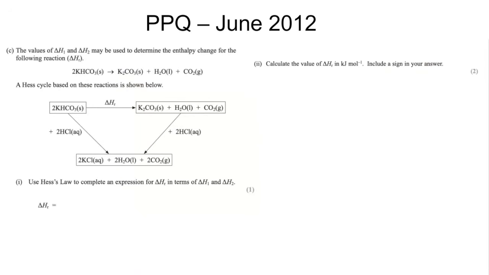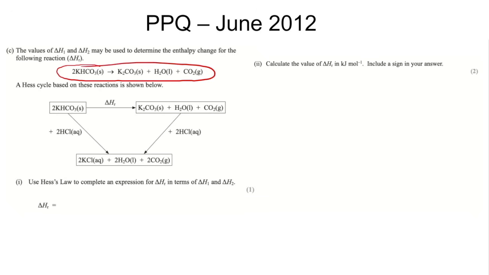Part C then takes us into our actual Hess's law. Now, what you'll tend to find in a Unit 3 paper is they will give you the Hess's law cycle. They tend not to ask you to do that. That's typically reserved for a Unit 2 paper, because this isn't about can you draw the Hess's cycle, it's can you use it. So we have then been told that delta H1 and delta H2 can be used to determine this reaction here.